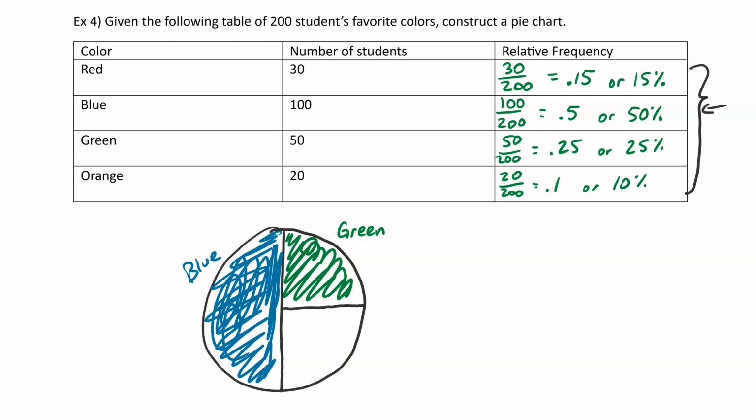Then we get down to 10% and 15%. Those aren't as easy just to eyeball, but we definitely see that 15% is bigger than 10%. So all I'm going to do, that way we can roughly estimate it, is make it to where one of them is a little bigger. And that little bigger section is going to be red.